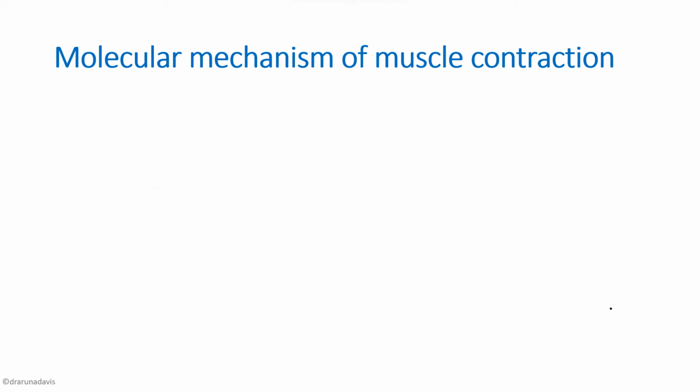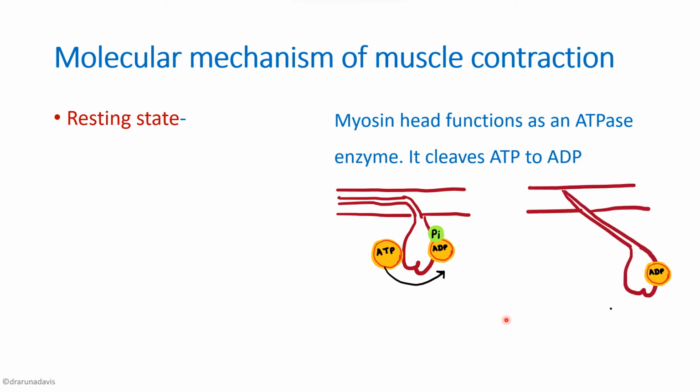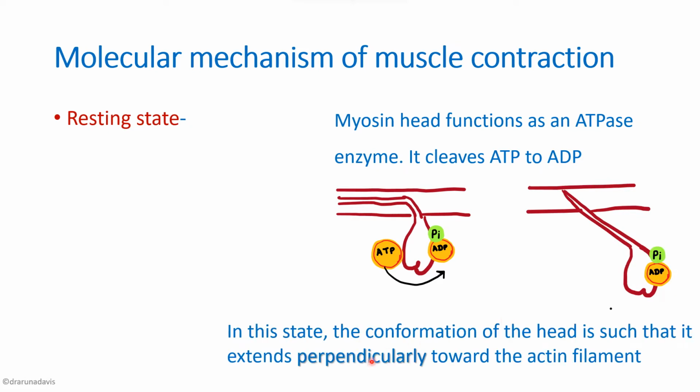And then we can write what the resting state of the contractile elements is. We know that the myosin head has ATPase activity, which means it will cleave ATP to ADP. When ATP binds onto the myosin head, it is cleaved to ADP and phosphate. When this cleavage occurs, the head of myosin will be in an extended position, extending perpendicularly towards the actin filament.